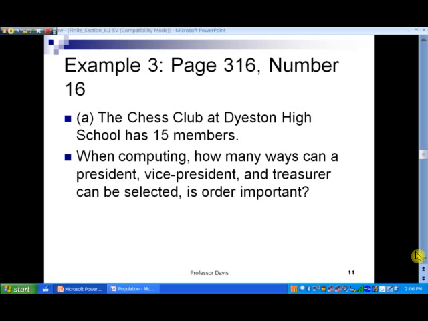All right, so let's take a look at an example of one of these now. So in slide number 11, let's see if order is important here. In part A, it says the chess club at Dyston High School has 15 members. When computing, how many ways can a president, a vice president, a treasurer be selected? In other words, is order important here?